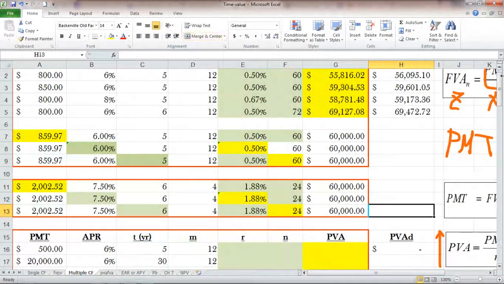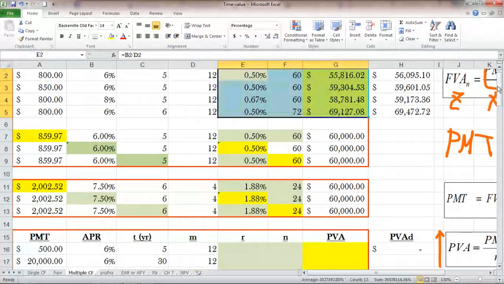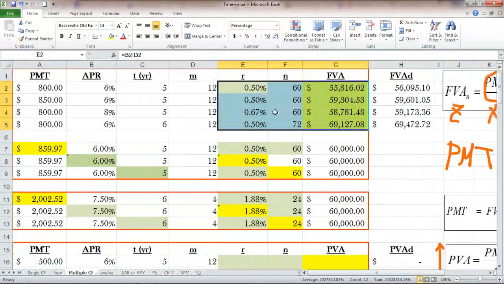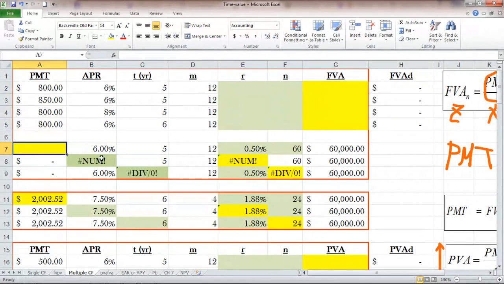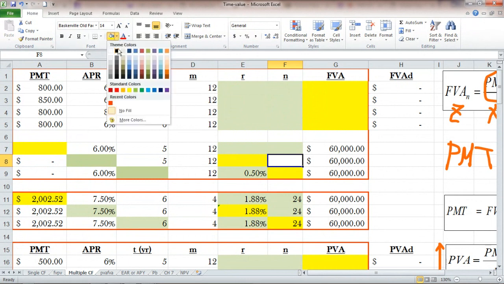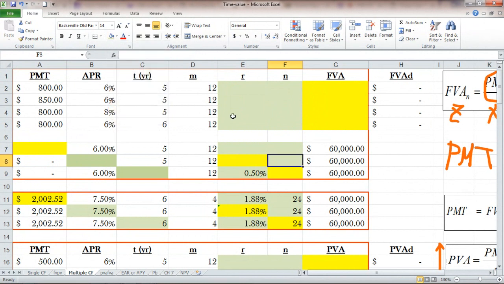Okay, good. So go look for the bottom tab that says multiple cash flow model, and delete all the highlighted cells. Delete all the highlighted cells.